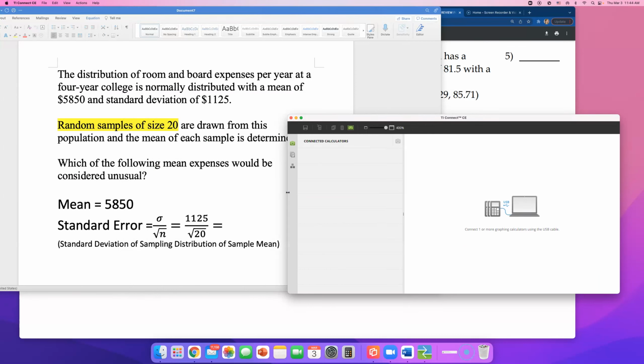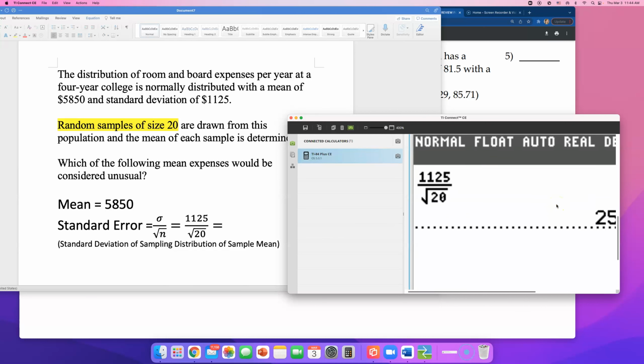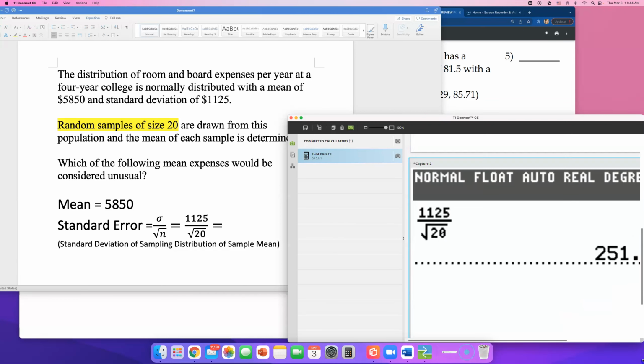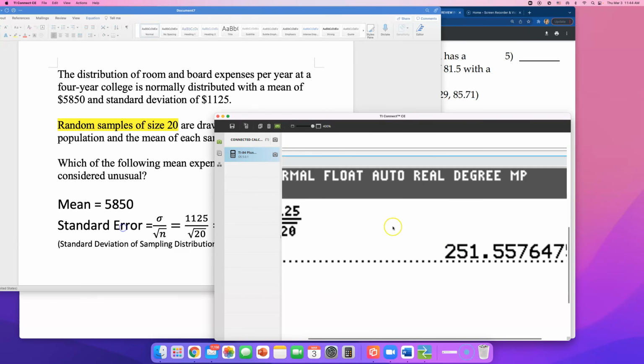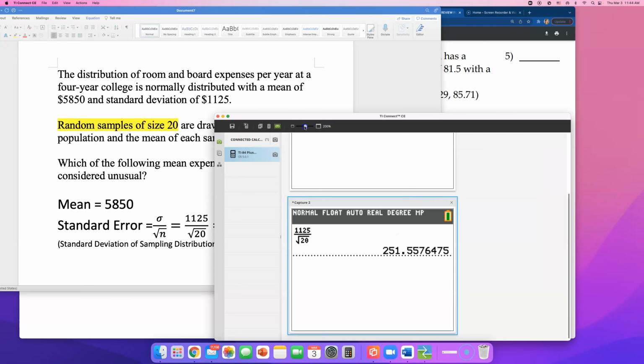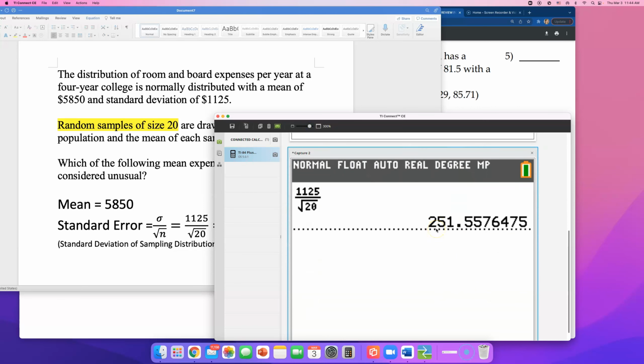I type in 1125 divided by the square root of 20, hit enter, and it came out to be, oh, that's so big. It's 400% zoomed. So that's the standard error that we should be using.